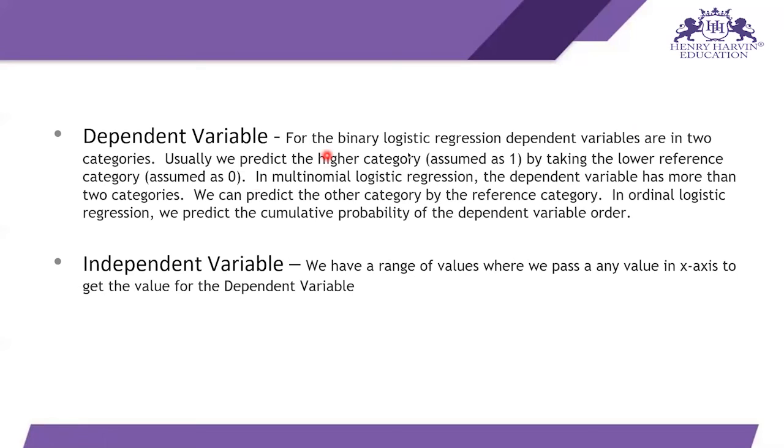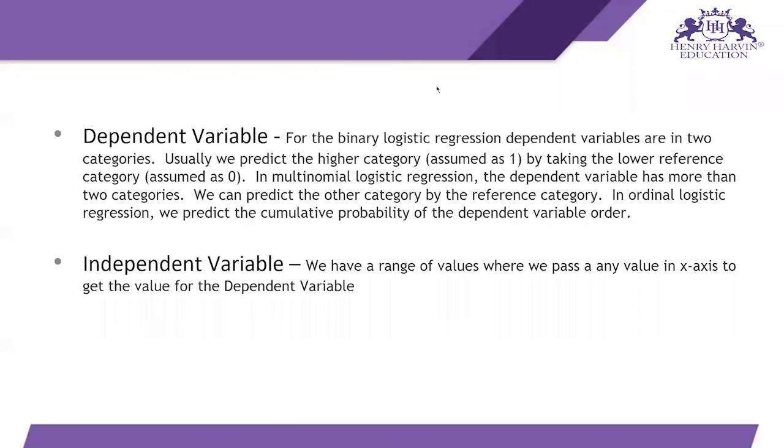Usually we predict the higher category, assumed as 1, by taking the lower reference category, assumed as 0. In multinomial logistic regression, the dependent variable has more than two categories, and we can predict the other categories by using a reference category. In ordinal logistic regression, we predict the cumulative probability of the ordered dependent variable.